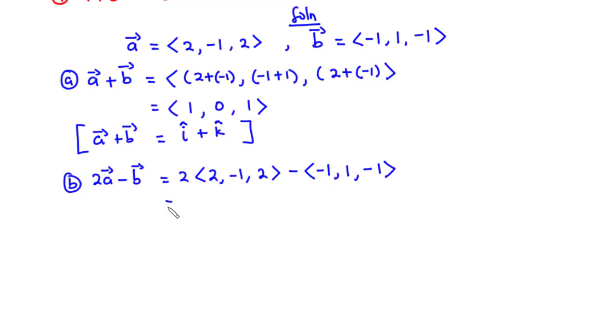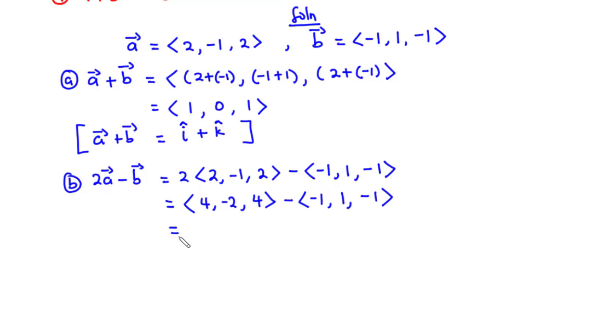Now let's simplify this. Because we have 2, which is a scalar, we are going to multiply each component of vector A by 2. So 2 times 2 is 4, 2 times negative 1 is negative 2, 2 times 2 is 4. So we have this minus <negative 1, 1, negative 1>.